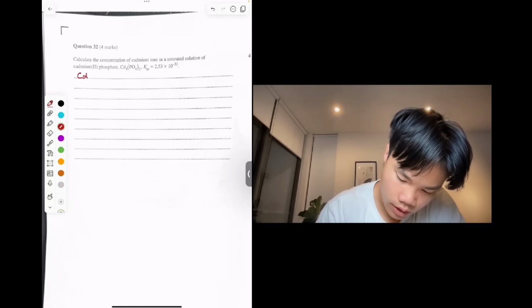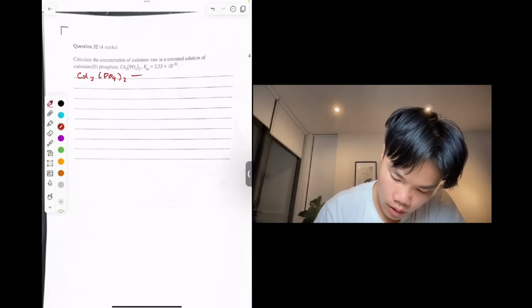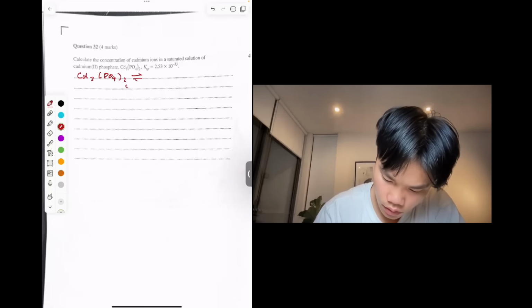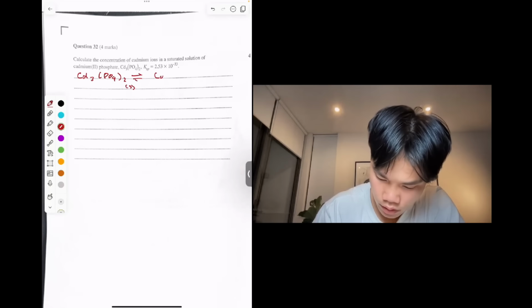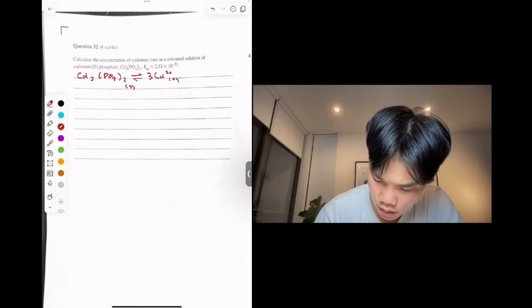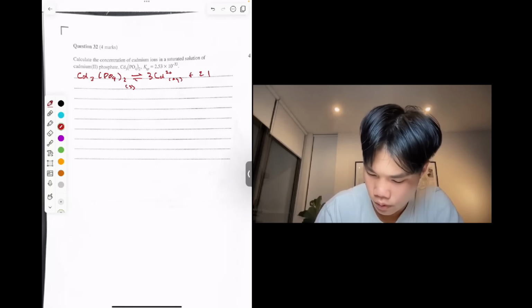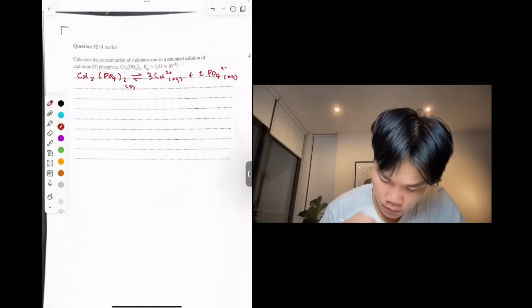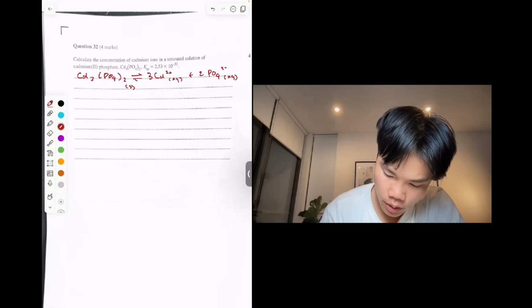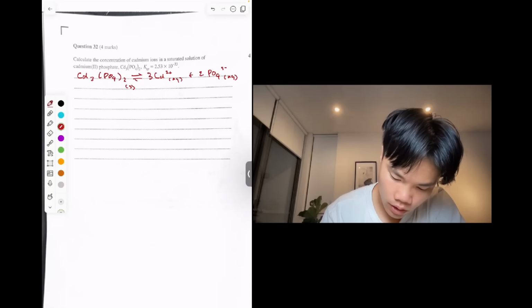So Cd3(PO4)2 dissociates into 3 Cd2+ plus 2 PO4 3-.